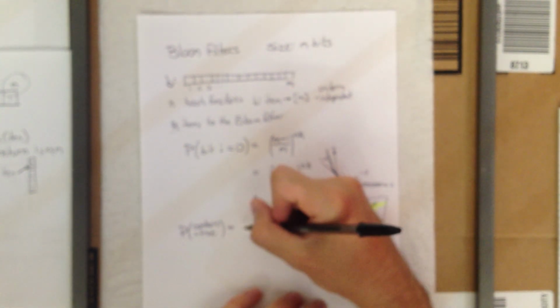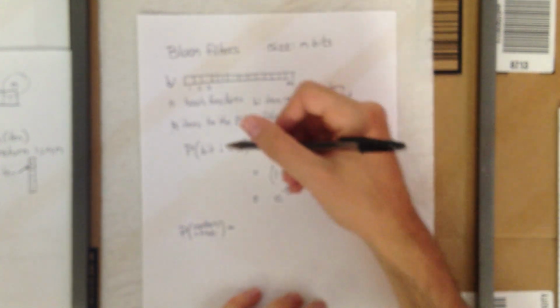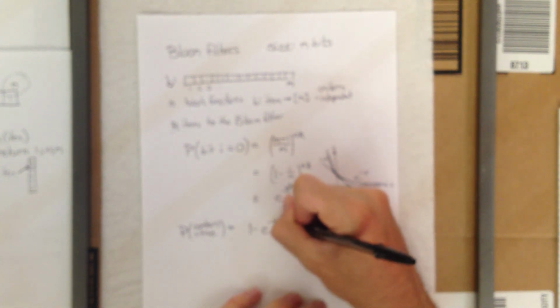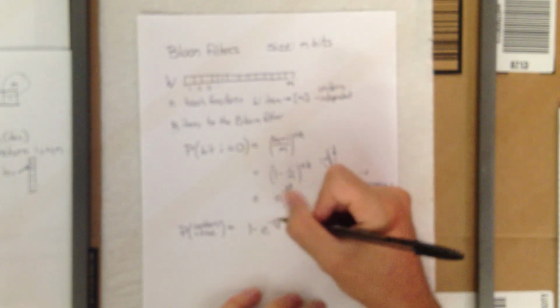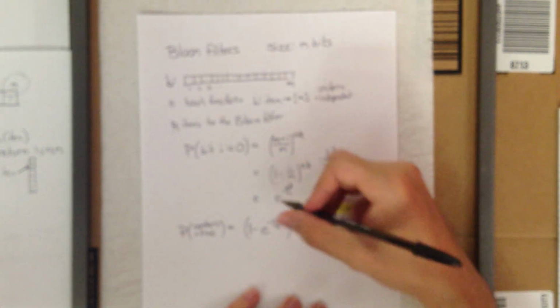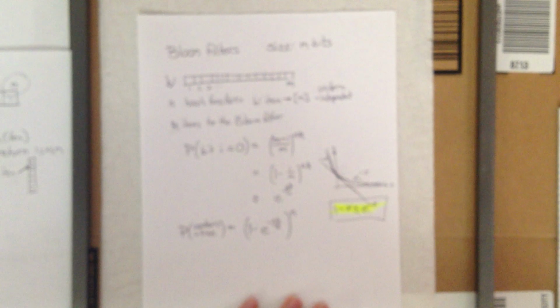So the probability that a single one of them is set to 1 is 1 minus this. And the probability that all n of them are set to 1 is this raised to the n power. And so this is the probability that you're just going to get true regardless of what the input is. And so in the next video, we'll try to get some intuition for exactly how these Bloom filters behave.